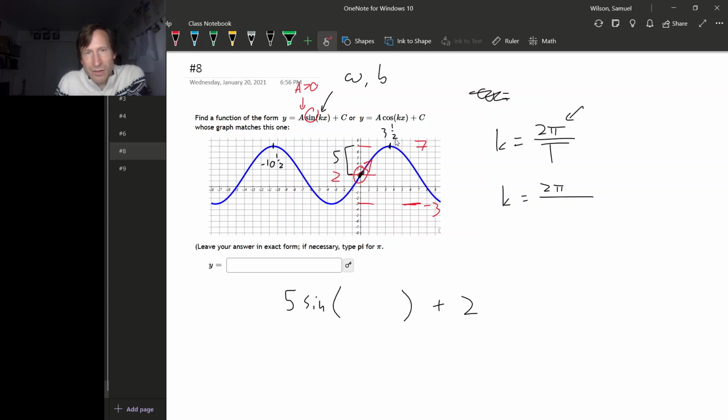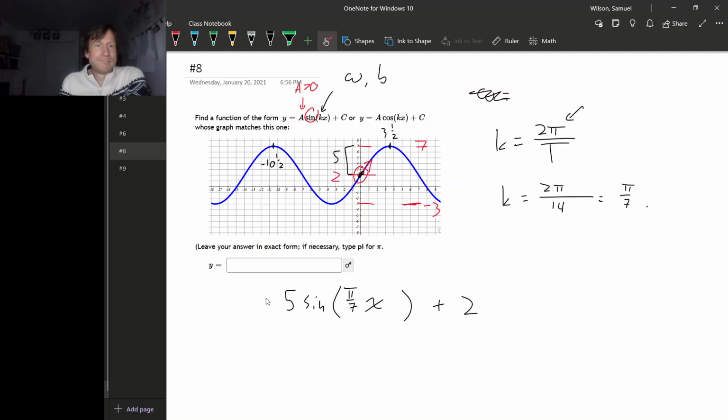So altogether, that's 14, I guess. So this is pi over 7. So now k is pi over 7, so we can put that in here. Pi over 7 times x.